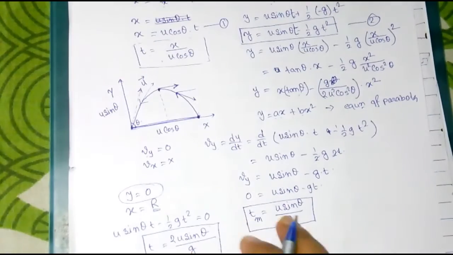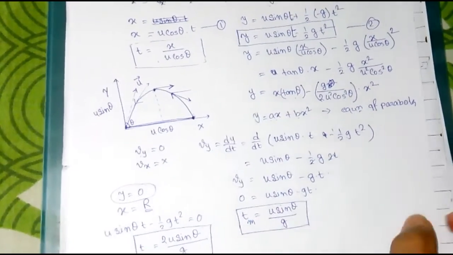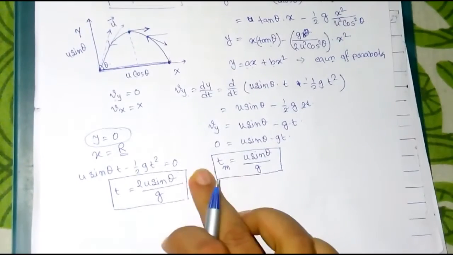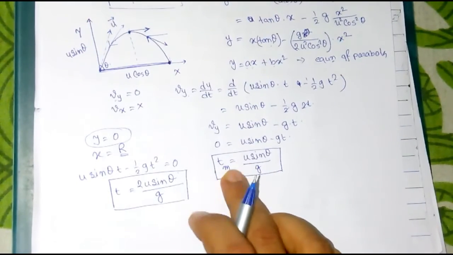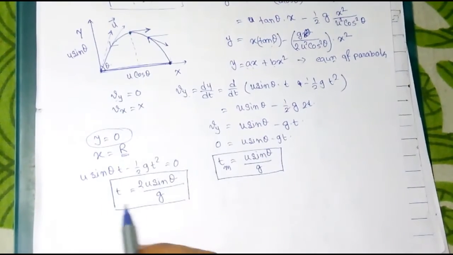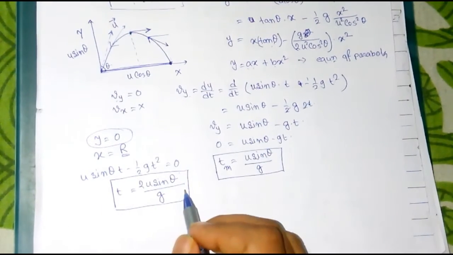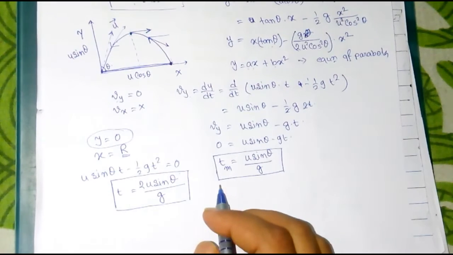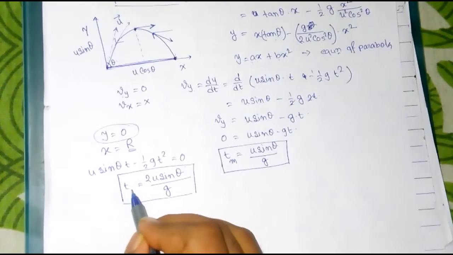This one, as the earlier time, is at the maximum height, when the object reaches maximum height, and this time is when it falls at the ground, that means the time of motion, the total time, you can say.